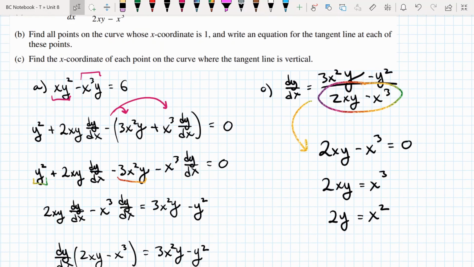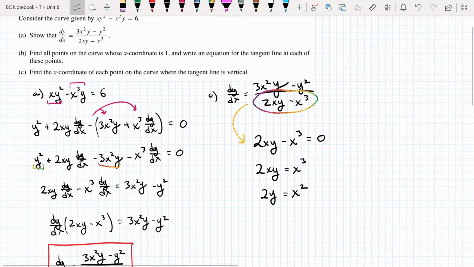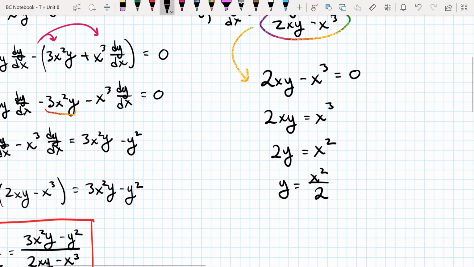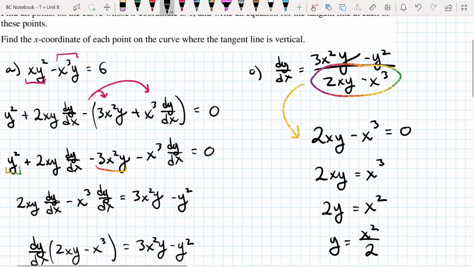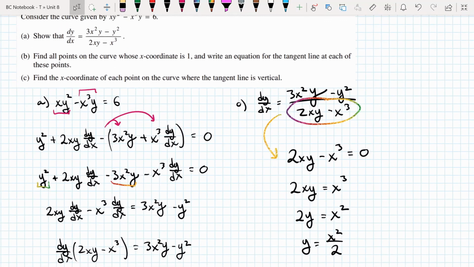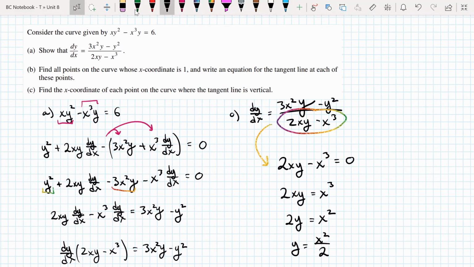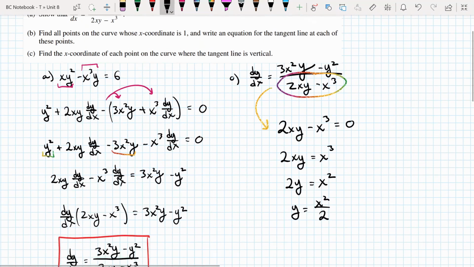Well, similar to the last FRQ, we have one equation with two unknowns. So what I'm going to do here is let's solve this for y, and then we're going to plug this into the original equation. Okay, we need a second equation to find the actual value of x and y, so I'm going to plug that into the original. So I'm going to plug x squared over 2 in for y over here.